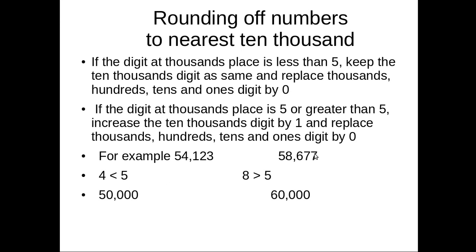Now see the same thing with 58,677. See here the thousands place digit is 8, which is greater than 5. So we add 1 at the ten thousands place, that means 5 plus 1 becomes 6, and we replace the other 4 place digits, that means thousands, hundreds, tens and ones, by 0, and we get 60,000.